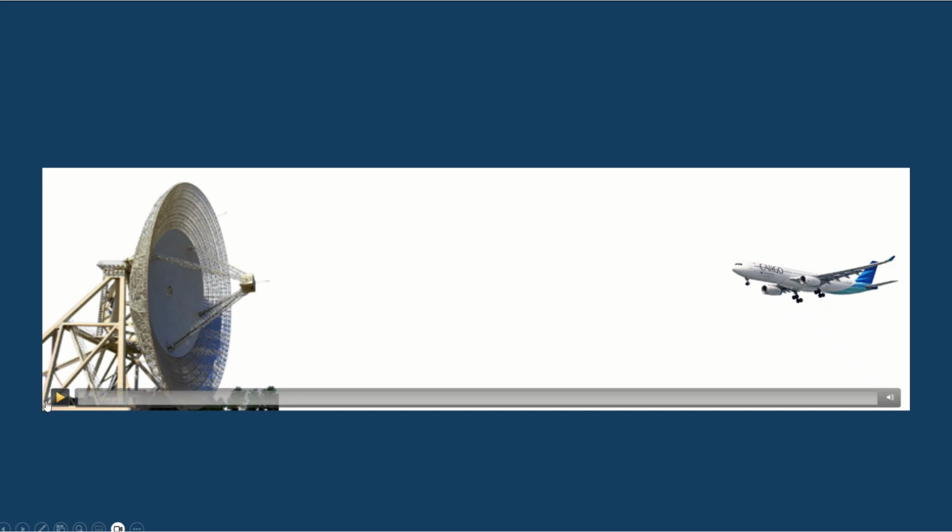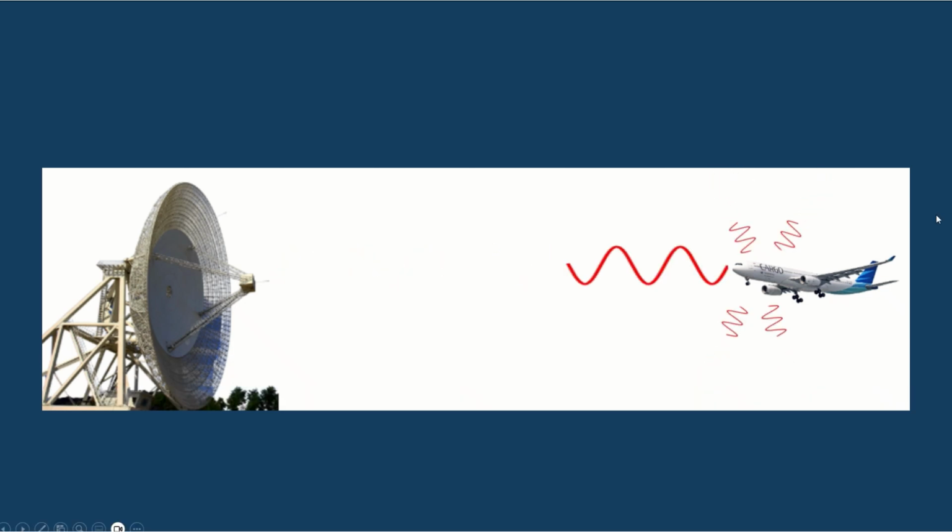In this case, we can say that the power reflecting back to the radar divided by the total power incident on it gives an indication about the RCS of the target. So if our observation point is here, the power reflecting in this direction divided by the total incident power gives an indication about the RCS.